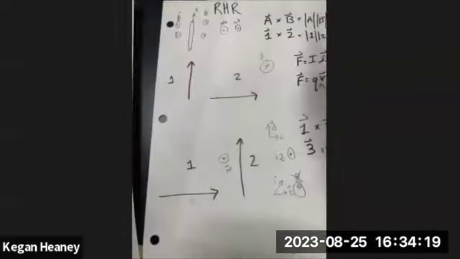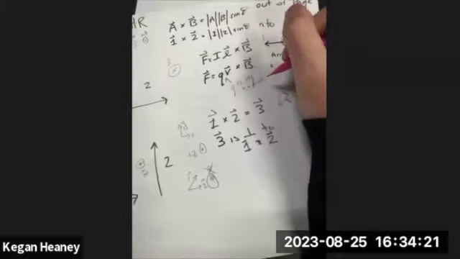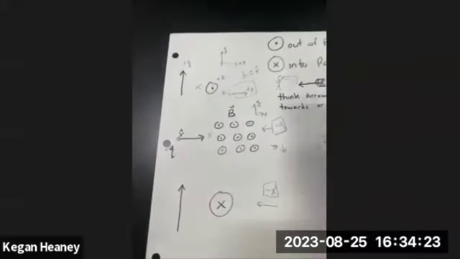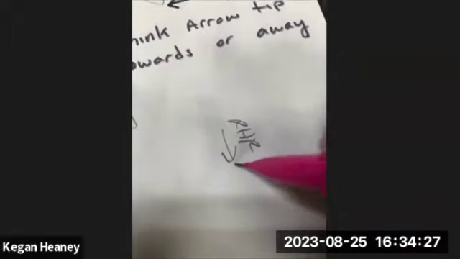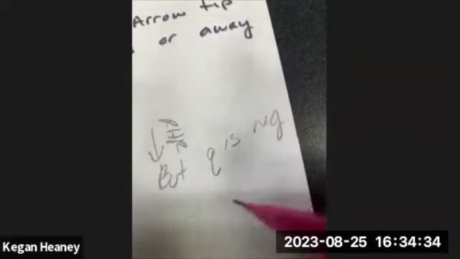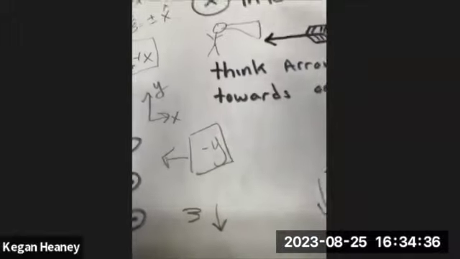But remember what I said earlier, if we have a negative Q, you can just put a negative in front of the right-hand rule. So right-hand rule says down, but Q is negative. It's an electron, let's say.